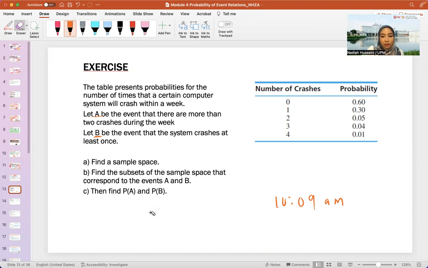Okay. Do we have volunteers or should I pick someone? It's already 5 minutes. Any volunteers? No volunteers? 1, 2, 3, no volunteers. Okay, so I'm going to call out Ahmad Afiq Izzuddin. Are you there?